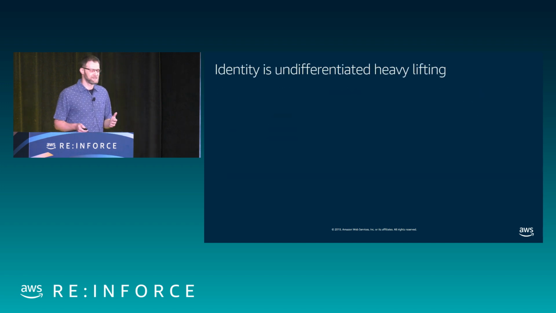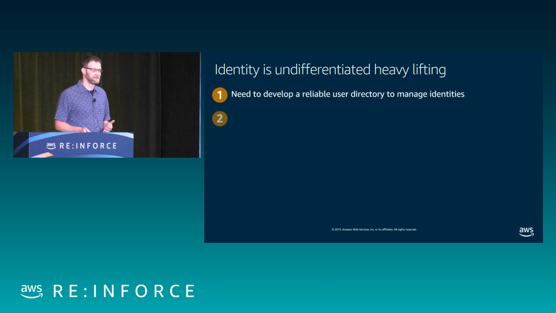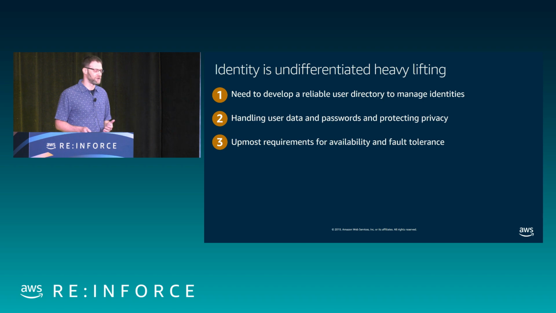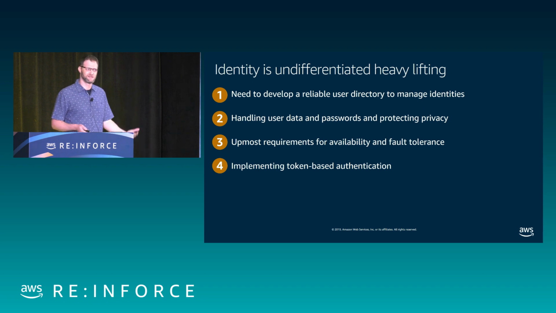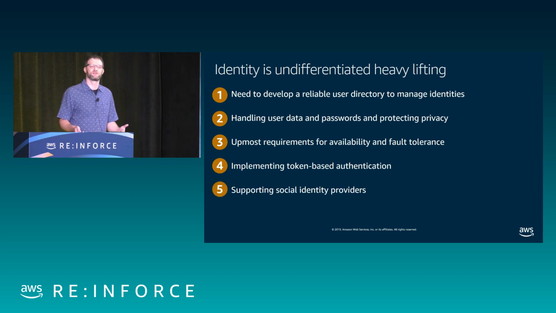But identity is heavy lifting, right? You need to do all of those things to make it right. It's not always easy, right? To store passwords securely, hash them, salt them, and all that. It's an art. It's heavy lifting. It's transparent to the users. You only know if you did it wrong if something bad happens.